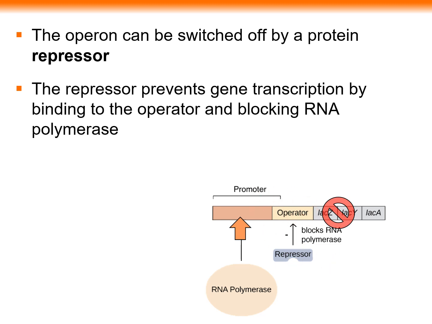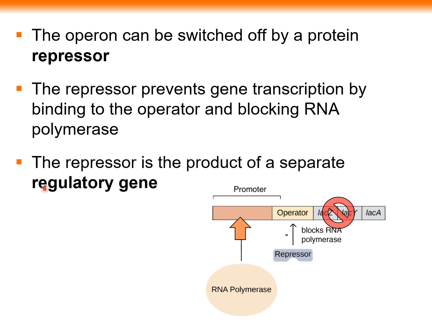Like, for instance, they may be controlled behind a regulatory gene. So there could be another gene out here that is designed to create or not create repressor proteins. So maybe there's another signal that we're responding to that turns on a repressor or turns it off.